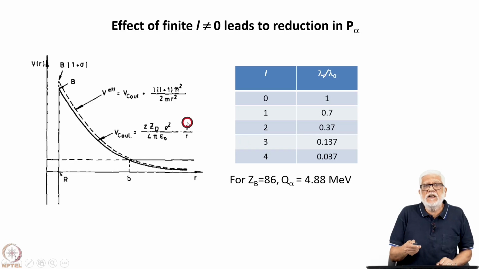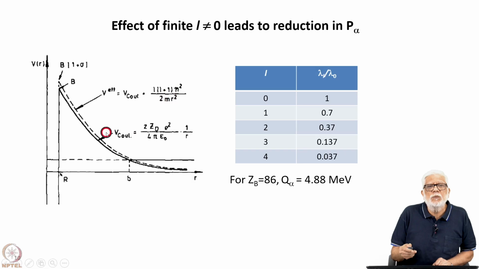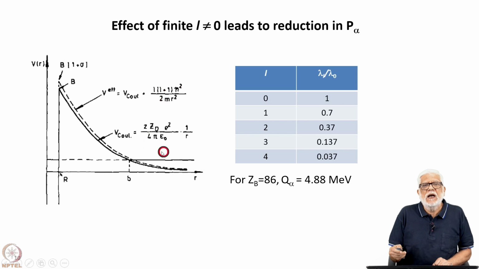The effect of finite L, which means L not equal to 0, of course, leads to a reduction in the probability of getting out an alpha, the tunneling probability for the alpha. That's just because you have a slightly higher barrier, corresponding to L(L+1)/R squared. This, of course, decreases a little bit faster than the Coulomb potential. So this is the Coulomb potential plus the centrifugal potential, as it is known; this goes like 1/R, this goes like 1/R squared.